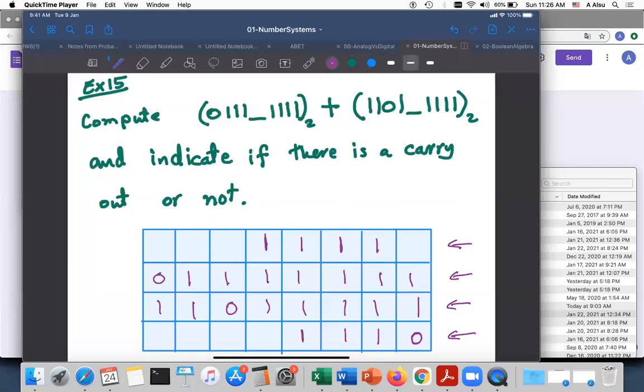And then 1 plus 1 plus 1 is 1 with a carry of 1. 1 plus 1 plus 1, again, 1 with a carry of 1. It's easy. 1 plus 1 plus 1 is 1 with a carry of 1, and then again 1 with a carry of 1. Now 1 plus 1 plus 0 is 0 with a carry of 1. And then 1 with a carry of 1, and then 0 with a final carry of 1. So the answer to this question is this sum, and there is a final carry of 1.